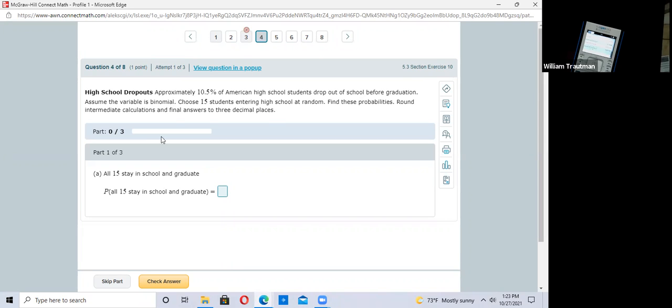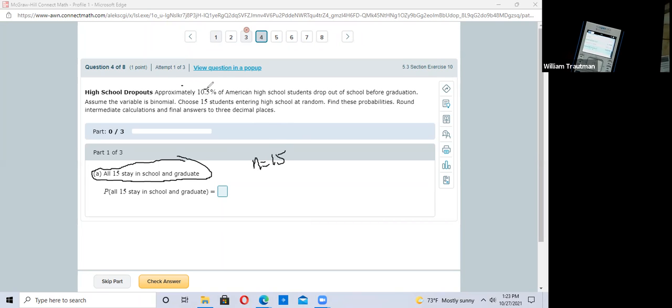Find the probability. Oh, all 15 stay in school. Can somebody tell me what this means? We know n equals 15 here. Probability.